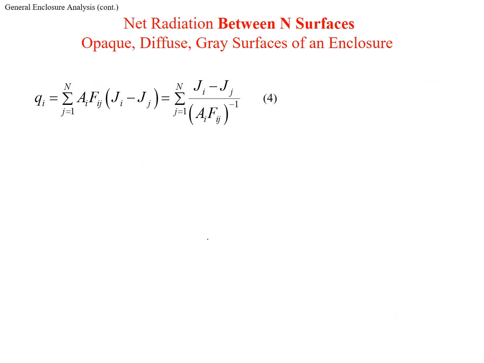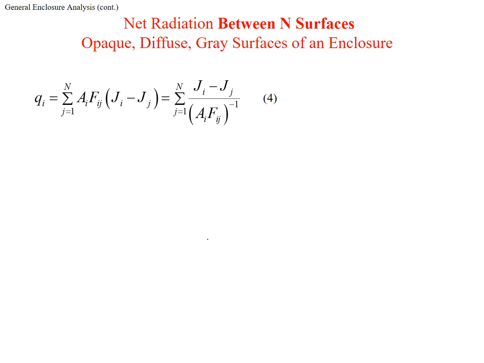So now we want to see what the net radiation between more than just two surfaces is. So far we've seen net radiation from surface 1 to 2. What if we have a third surface and a fourth surface and a fifth one and an nth one? So if your surface 1 views many other surfaces, in order to calculate the net radiation from surface 1 to all those other surfaces, you can just add up the relation that we came up with in the last slide for all those surfaces.